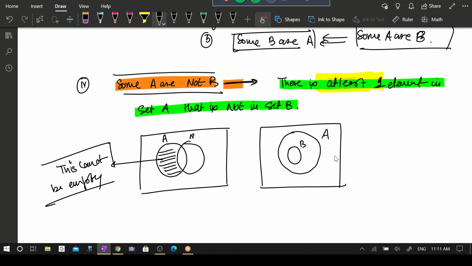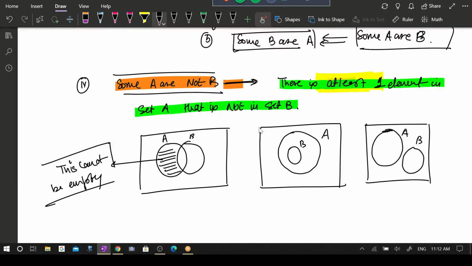And why not this one? This is the possibility that you did not take into consideration. Definitely this is a beautiful possibility, because I said this portion only of A cannot be empty, so definitely it is not empty. There is at least one element in set A that is not in set B.